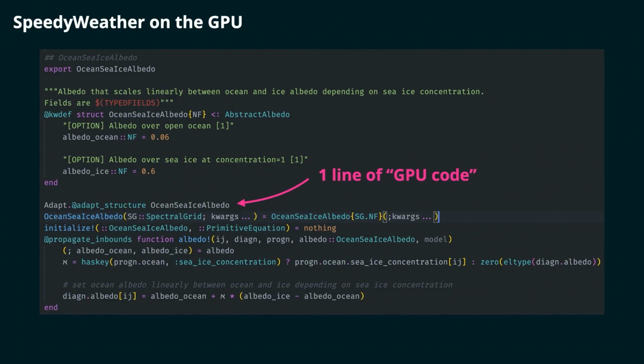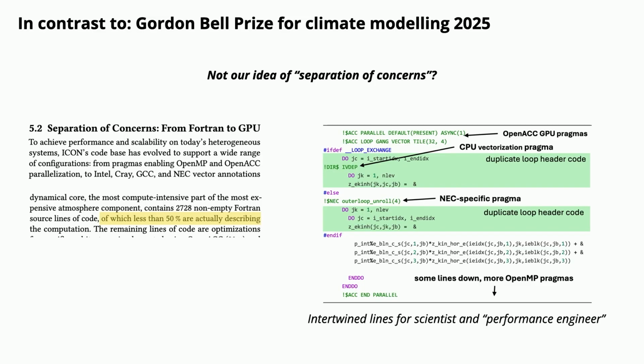I want to show this as a contrast to something some of you may have heard about a month ago: the Gordon Bell Prize for Climate Modeling 2025 was given to a Fortran climate model, ICON. It's a massively big model, everything has been developed, but there's one part in their paper, published in one of the journals with this prize, where they talk about how they've written some of the kernels.